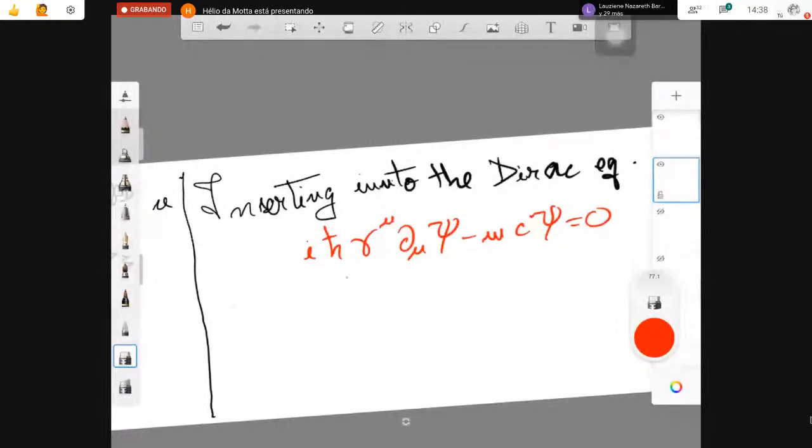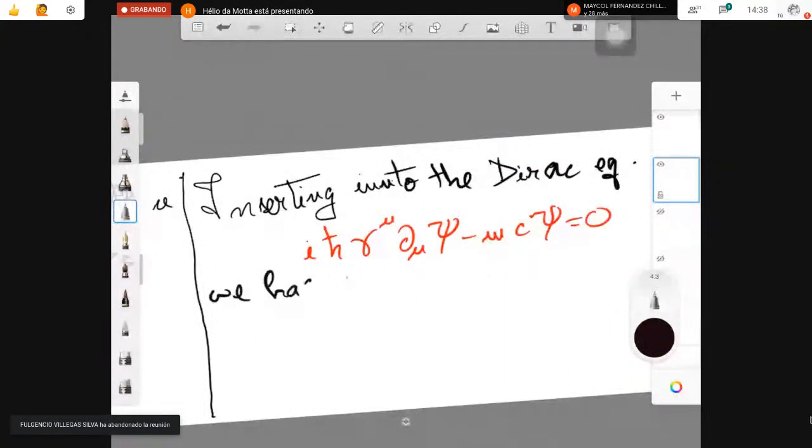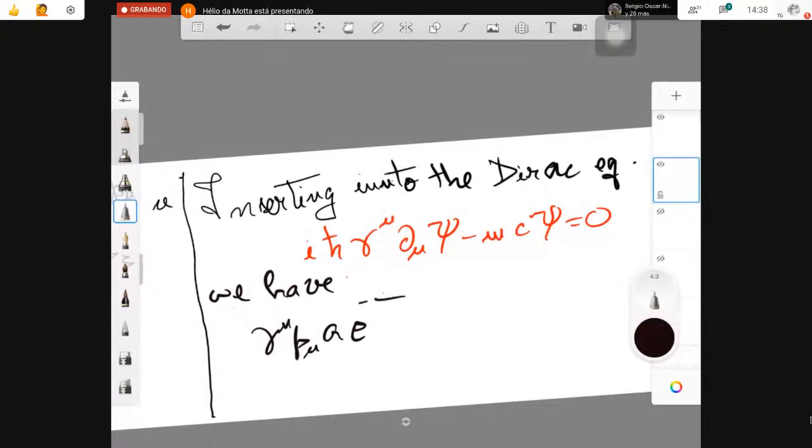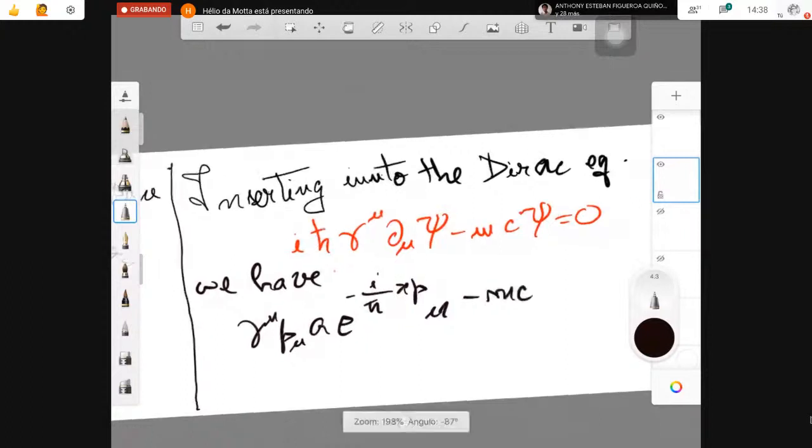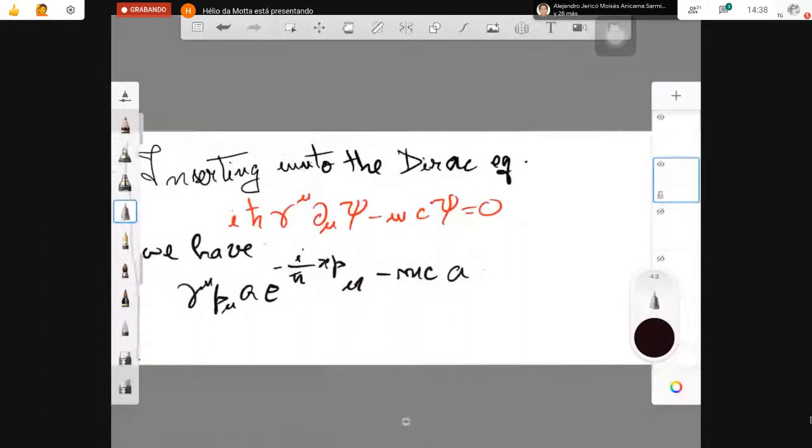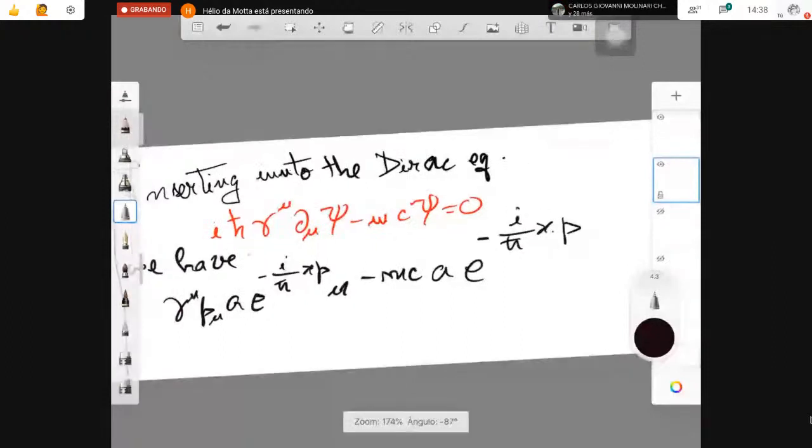Then we have i h-bar slash P u again equal to 0.